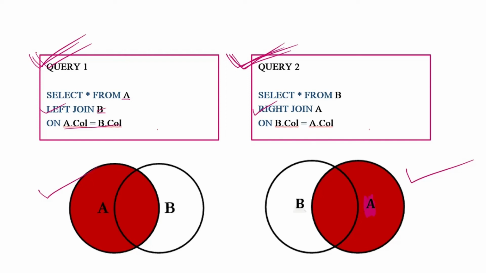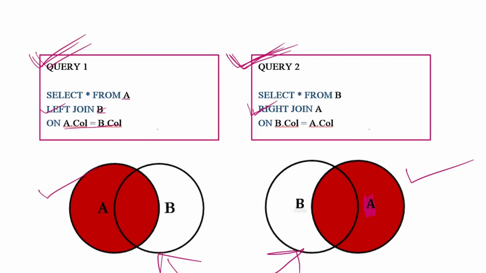I am also changing the join clause into right, which means there is no difference between these two outputs, because along with changing the position of both the tables, I am also changing the condition from left join to right join.